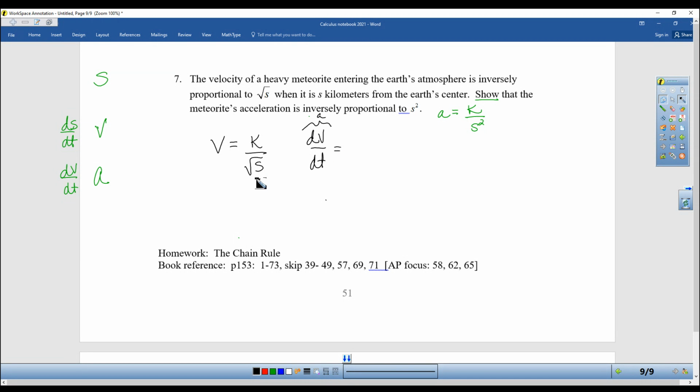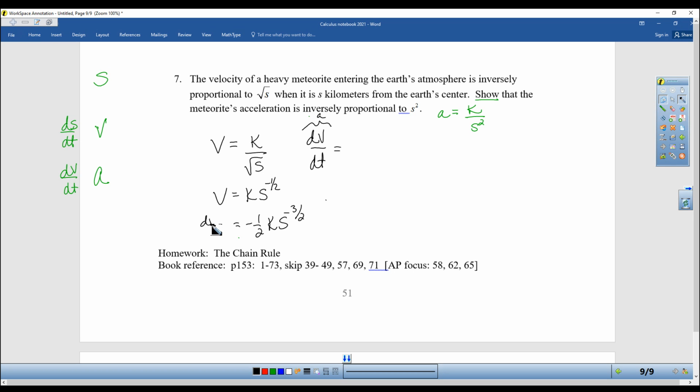That would give me the acceleration. But can I do dv dt? No, I can only do dv ds, which is negative 1/2. So velocity is equal to negative 1/2 k s to the negative 3/2. But this notation is bad. That's still velocity. I shouldn't erase that one.